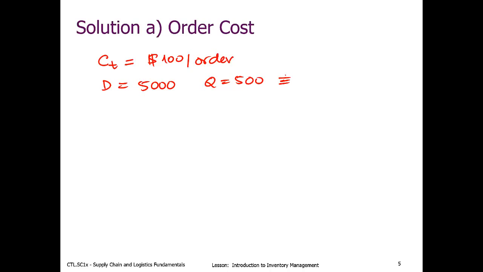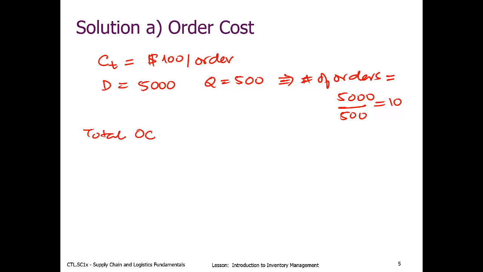This gives us number of orders as 5,000 divided by 500, which is 10. So the total ordering cost then becomes 10 times $100, which is equal to $1,000.